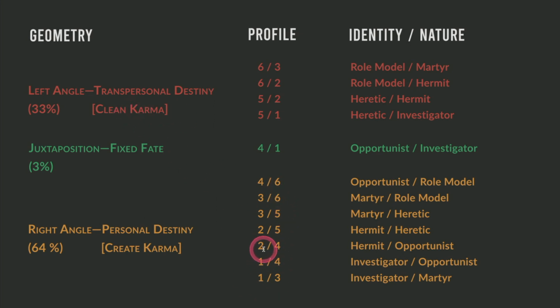So you're conscious of your personal role and you're unconscious of your transpersonal role. Like for myself, that martyr, I really get that, right? Like I know myself as the martyr, as the trial and error, figure it out as you go along, figure out what works, what doesn't. Now the heretic, the 5, is unconscious in me, so I might not recognize that skill in myself.